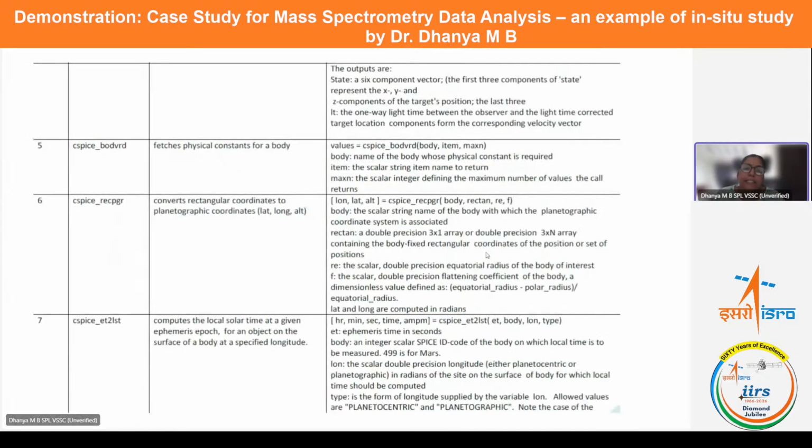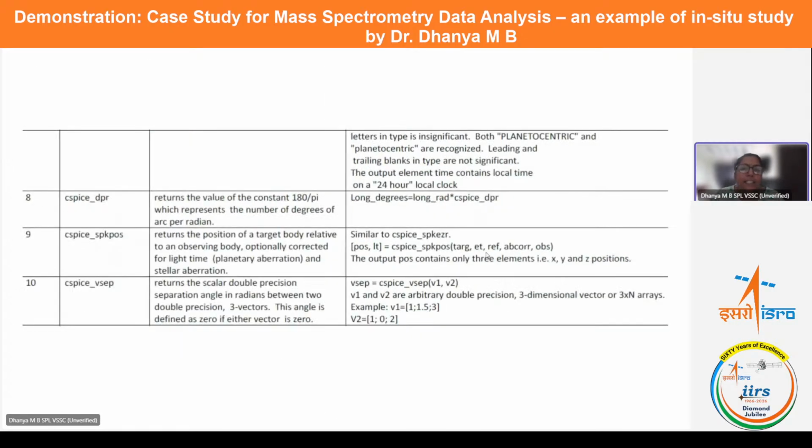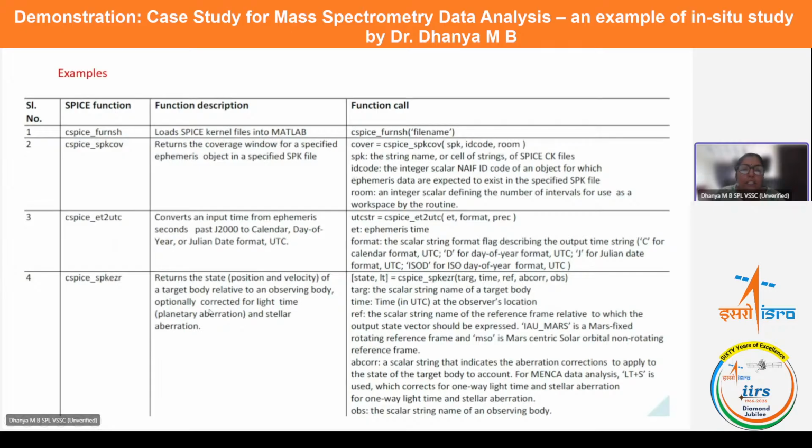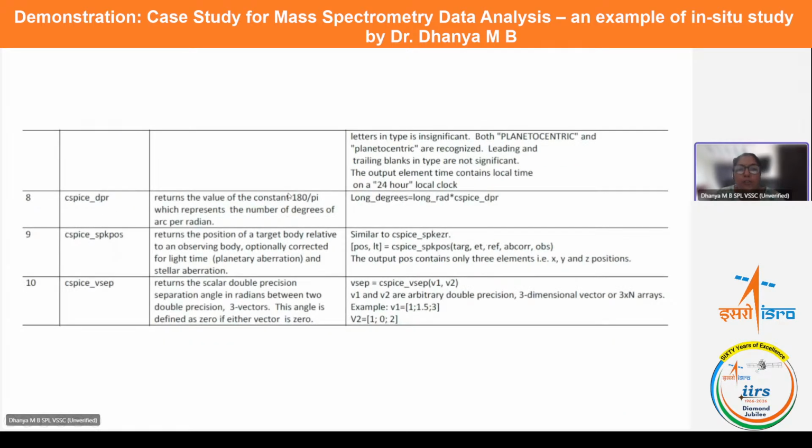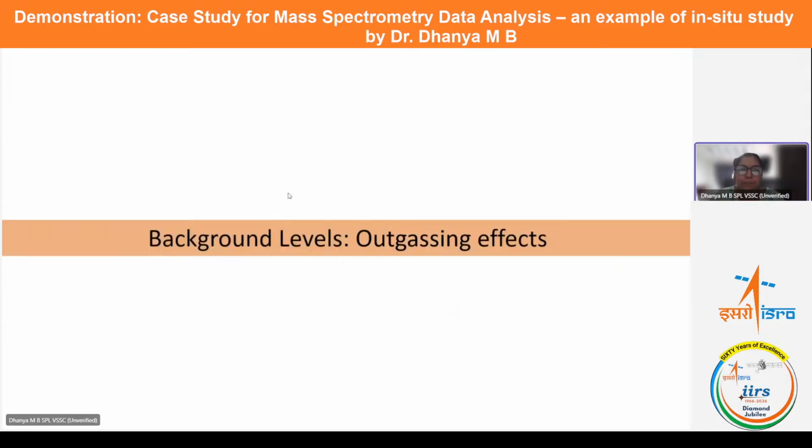Using these functions, finally, this function will give you the position of the spacecraft. Likewise, you derive latitude, longitude, altitude, and all this information. Finally, we use these parameters for interpreting the data.